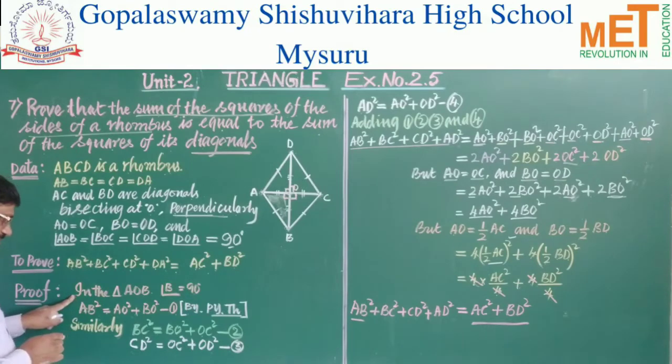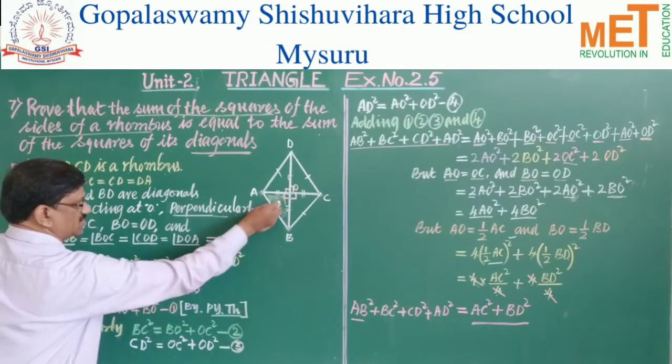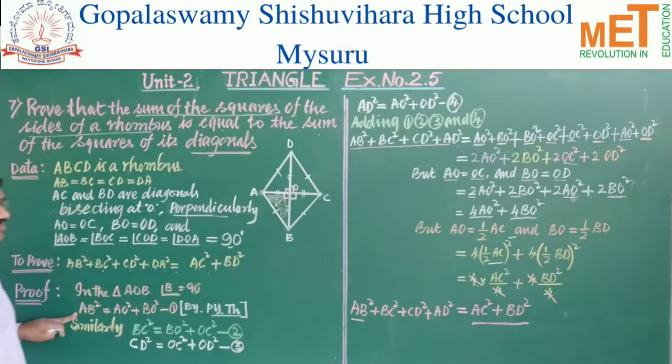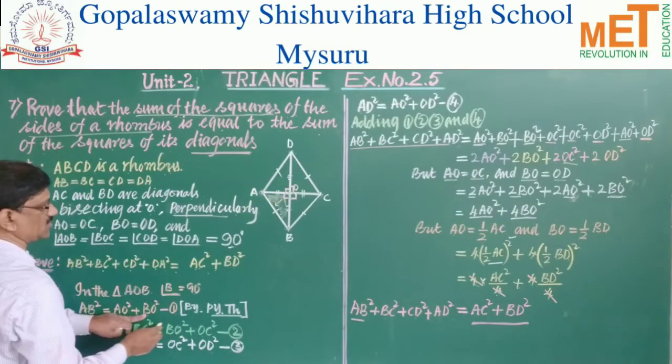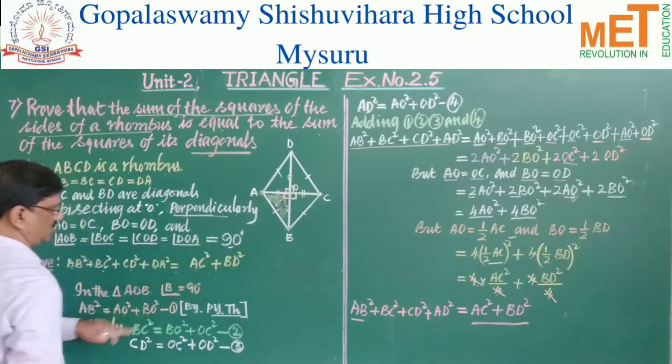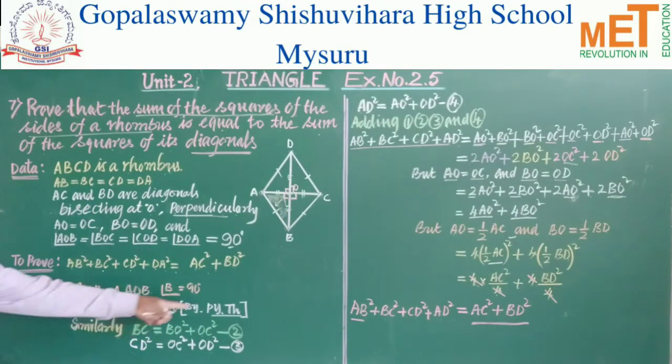Clear, children? So we can apply Pythagoras theorem. According to that, the square on the hypotenuse, that is AB is the hypotenuse here because it is opposite to the right angle vertex. Okay? AB square is equal to AO square plus BO square. So this is by Pythagoras theorem.